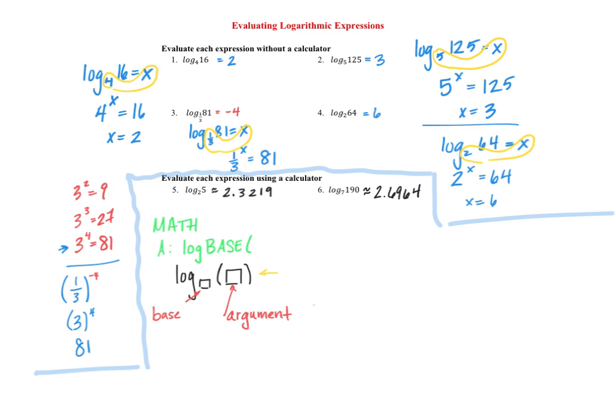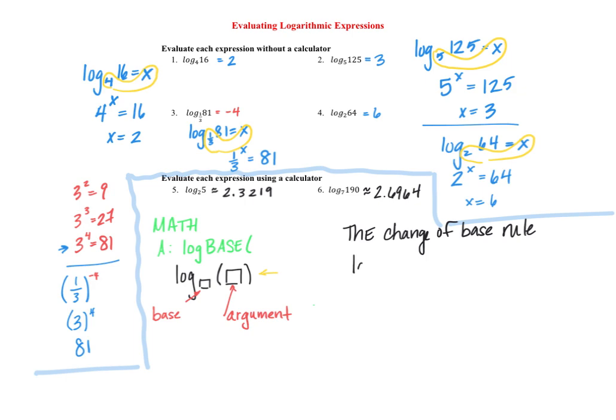All right, now not all graphing calculators have that log base application or log base option. So if your calculator does not do that, we are going to use what is called the change of base rule. Now, even if you do not need this, the change of base rule is still going to be a very useful formula for you to use when we start solving logarithmic equations. And it looks like this.